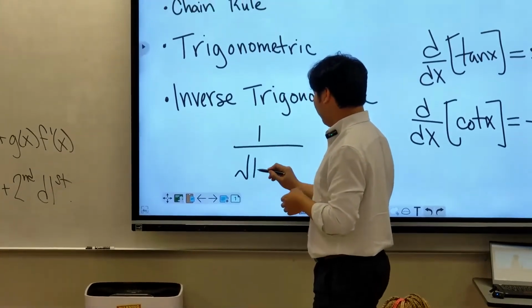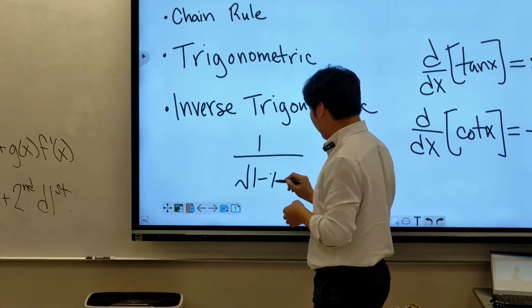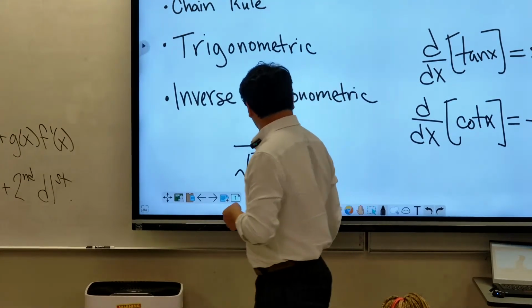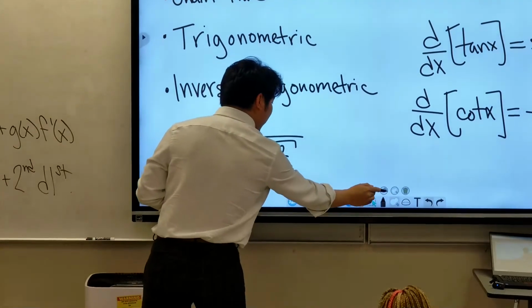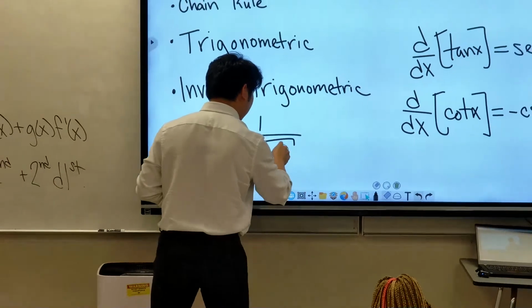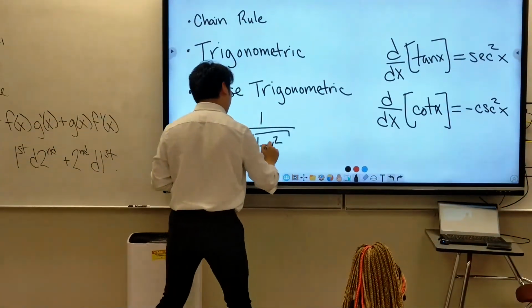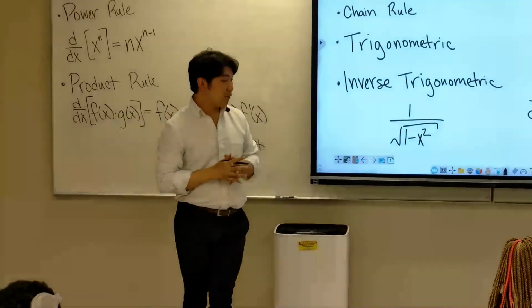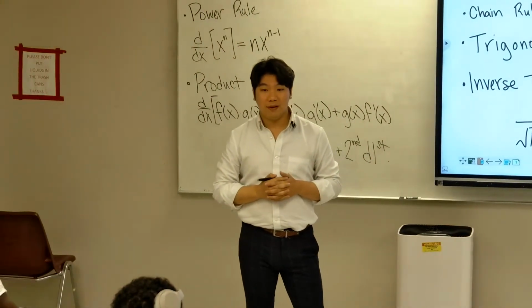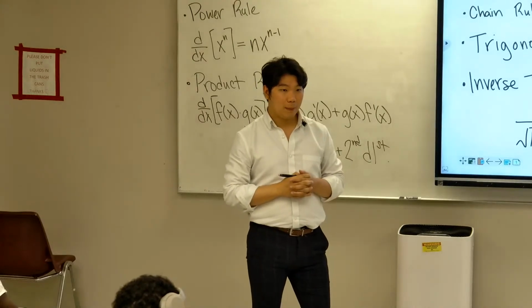One over the square root of 1 minus x squared. Are we all in agreement that this is the derivative of arc sine?